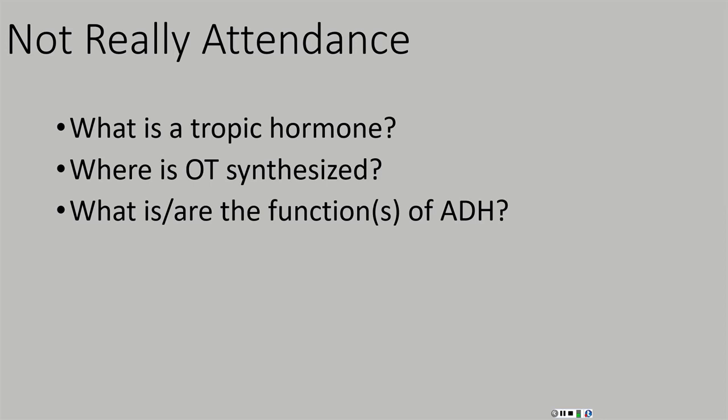But remember the other name of ADH? Vasopressin or arginine vasopressin. It's got that name because it is a vasoconstrictor. And a lot of students forget that by this point in the semester. So ADH has two jobs: increased water reabsorption and vasoconstriction, both of which will have the effect of raising blood pressure.